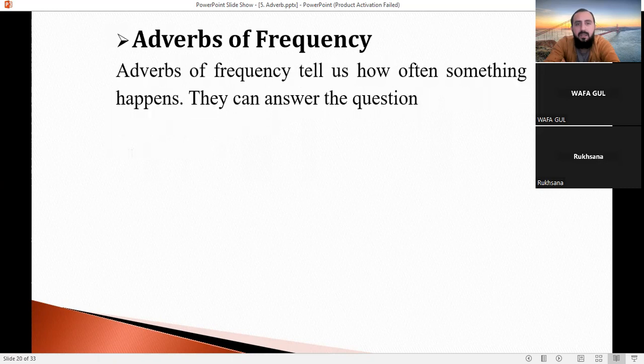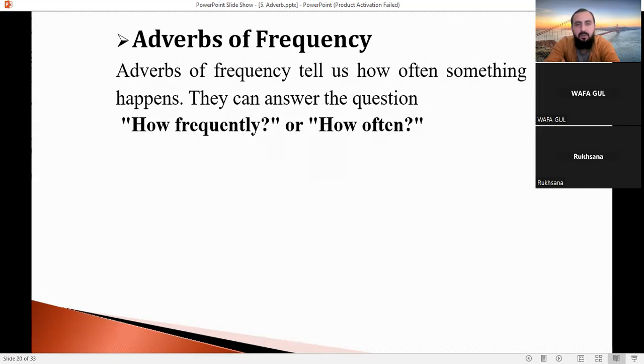Adverbs of frequency now. Ms. Safa, you read it. Adverbs of frequency tell us how often something happens.